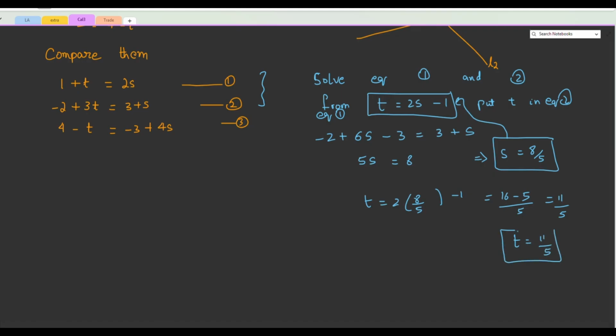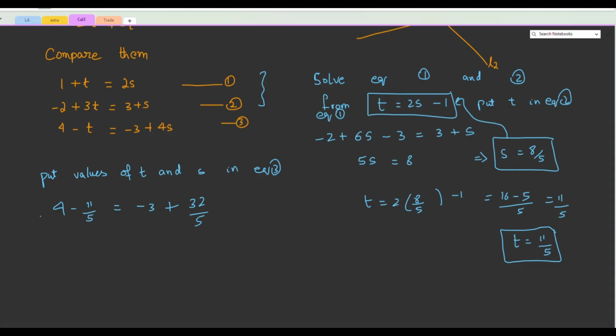Now we substitute these two values of s and t in equation number 3 and simplify. So 4 minus 11 by 5 is equal to minus 3 plus 4 multiplied by 8 by 5, which becomes 32 by 5.